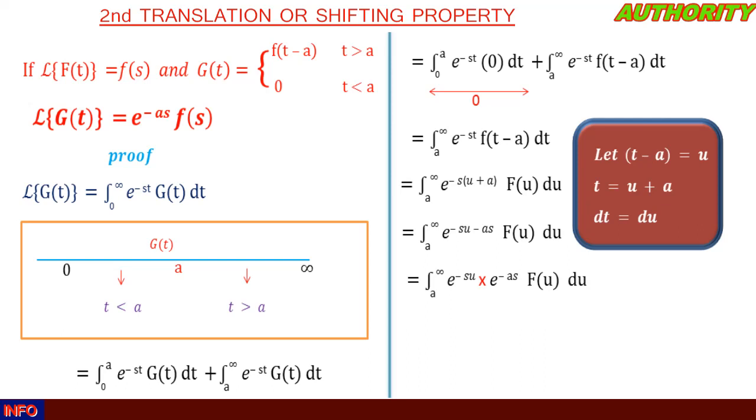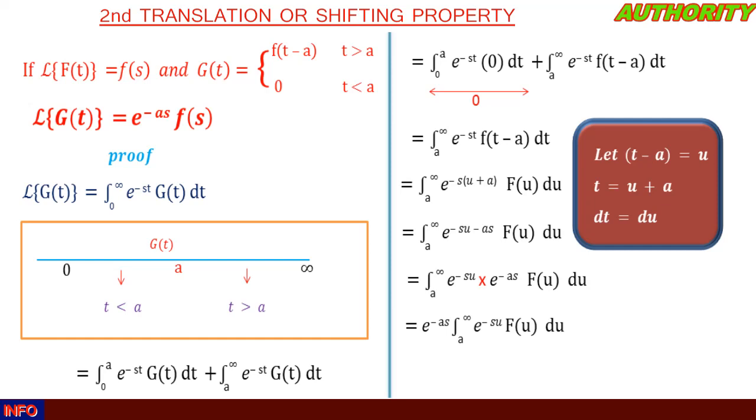So the whole of this e raised to the power of minus as is what? A constant. So we take it outside the integral sign. When we take it outside the integral sign, what do we have remaining? Here we have e raised to the power of minus as, times the integral from a to infinity of e raised to the power of minus su, f of u du.